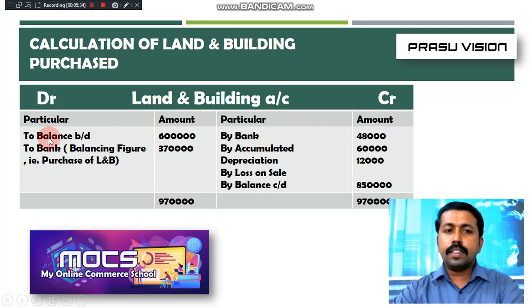When we purchase the asset, it will be debited. When we sell, it will be credited. So by bank, the selling price of the asset, then by accumulated depreciation 60,000 of that particular asset sold, then by loss on sale 12,000. After posting all the items, we will get the remaining amount.